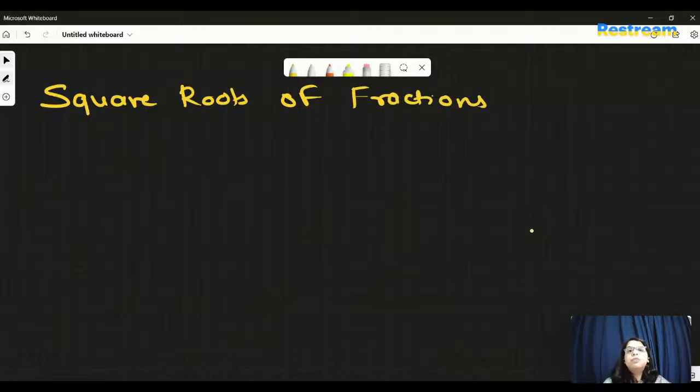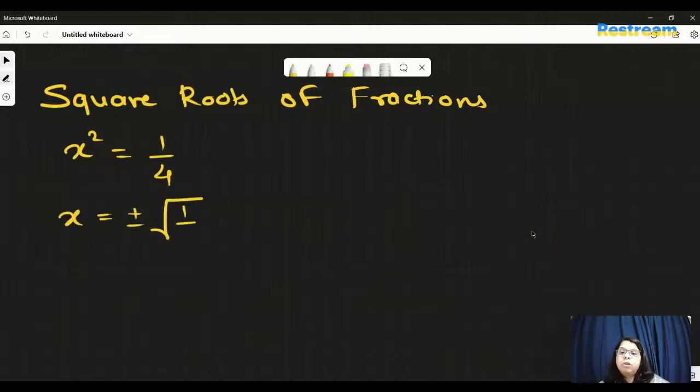So what does square root of fraction mean? Basically, let's say I have x square is equal to 1 by 4. So my x is going to be plus or minus square root of 1 by 4. Now you have to always remember that in mathematics, whenever you are taking a square root of a constant, like 1 by 4, 36, 25 by 100, or 25 by 49, you have to take plus or minus.